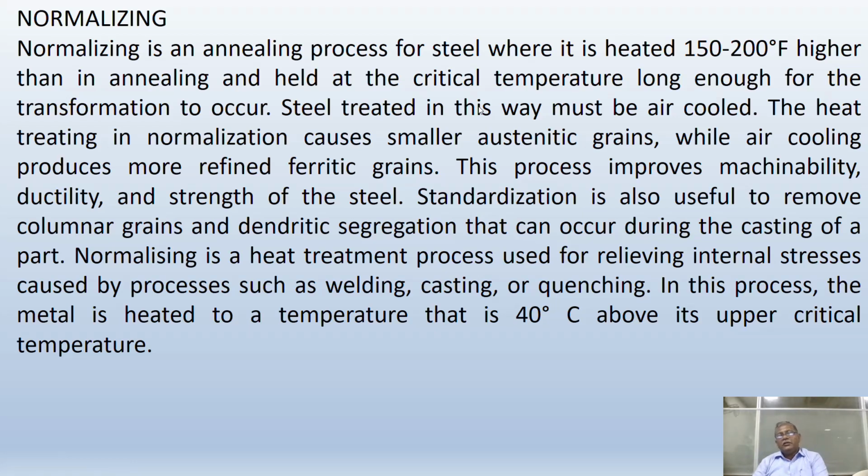Usually in other cooling processes, especially annealing, it is furnace cooled or cooled slowly. Here the cooling rate is a little bit faster. The heat treating in normalization produces smaller austenitic grains, while air cooling produces more refined ferritic grains. This process improves machinability, ductility, as well as strength of the steel.